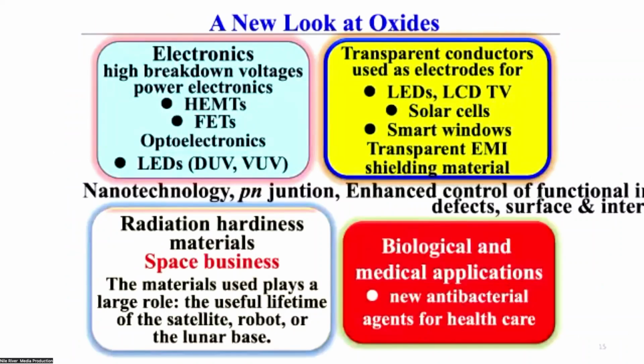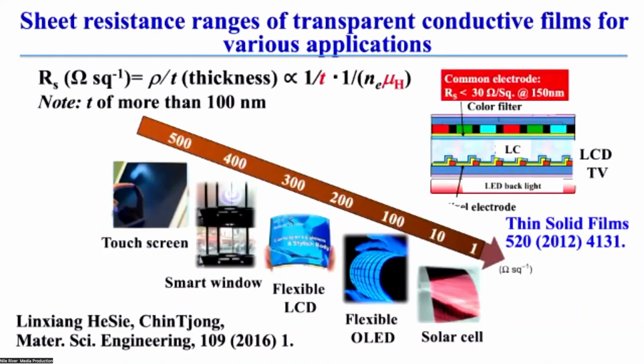And now I'd like to move on to transparent conductors. So this is my field. I'd like to show you the sheet resistance ranges of transparent conductive performance for various applications, such as touch screens, smart windows, flexible LCD, flexible OLED, LCD television, and photovoltaic solar cells.